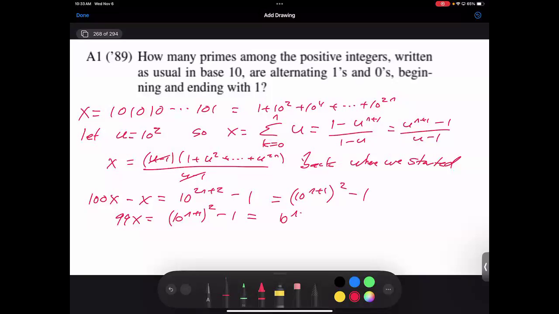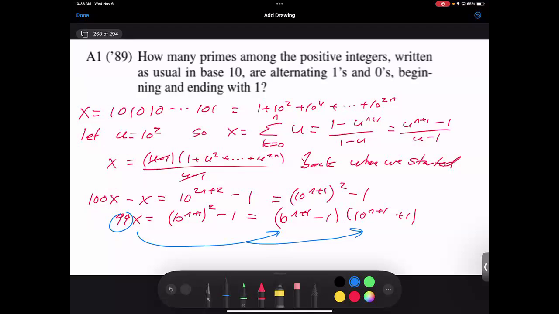Good. 10 to the n plus 1 minus 1 times 10 to the n plus 1 plus 1. So we know the 99 has to go in somehow to stuff on the right-hand side. It's possible that it goes into all of the first factor, all of the second factor, or some of it goes into one, some of it goes into the other.